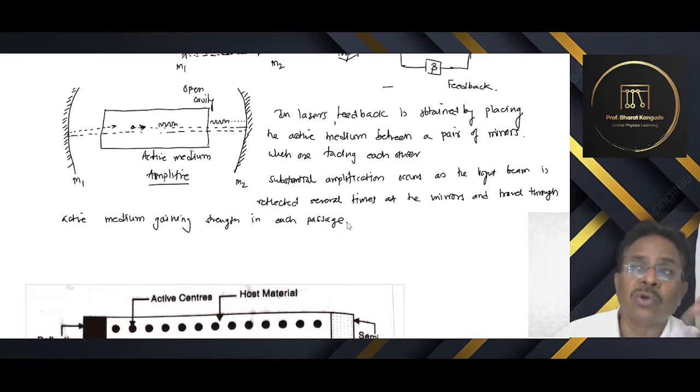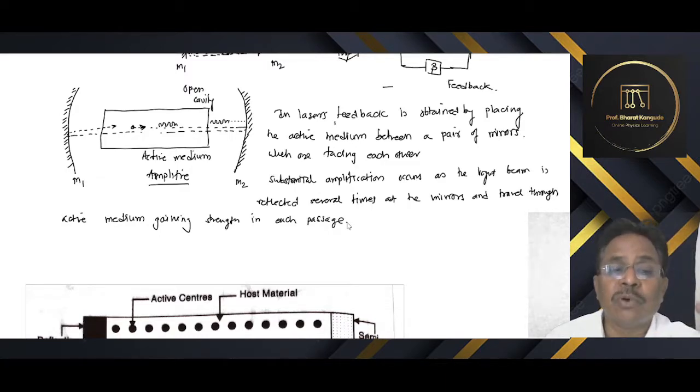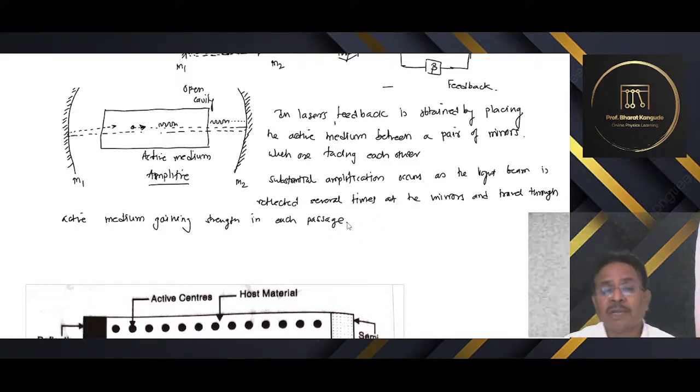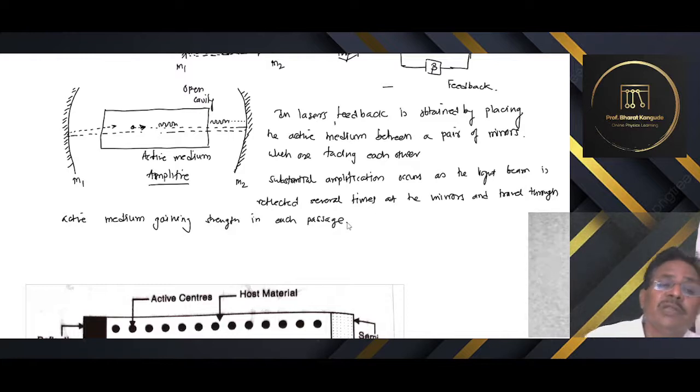Whenever a chance or random photon of that particular frequency or energy comes in, it causes a single stimulated emission, and this photon causes further stimulated emission, comes out of this active medium, reaches mirror M2, then gets reflected back again. It travels through this active medium. During that passage it again provides further stimulated emissions, and all these photons travel in the direction shown here to mirror M1.